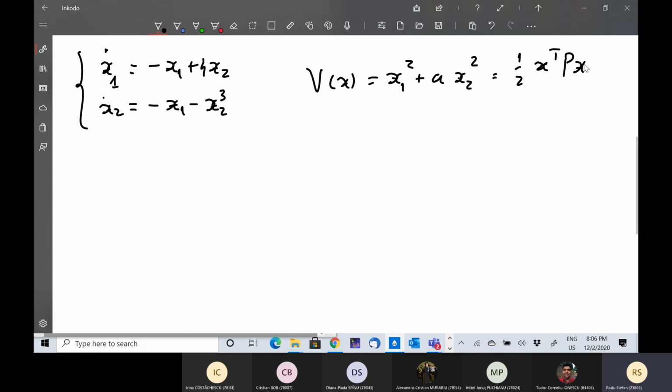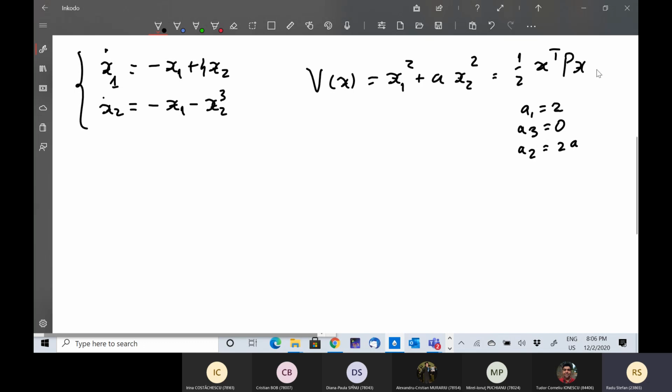If we remain in the notation from last time, a1 is actually 2. a3 is 0 because we have no cross terms, indefinite sign. And a2 is 2a.